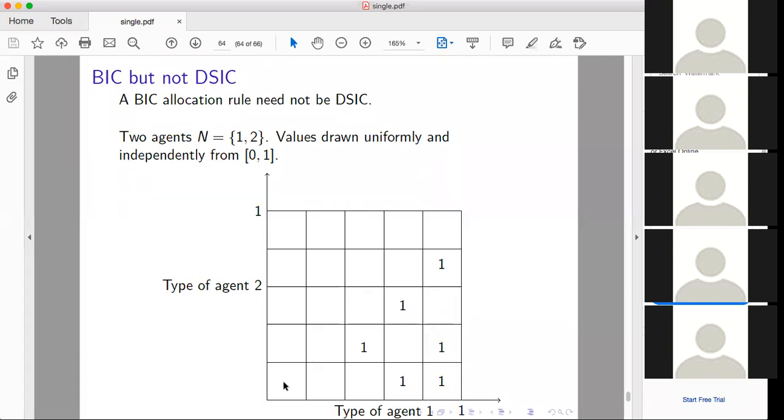is non-decreasing. Why? Look at any type of agent 1 in these two cells. The expected allocation probability is 0 because it does not win the object in any of these vertical axes, right? So here it's 0, so the expected allocation probability is 0.